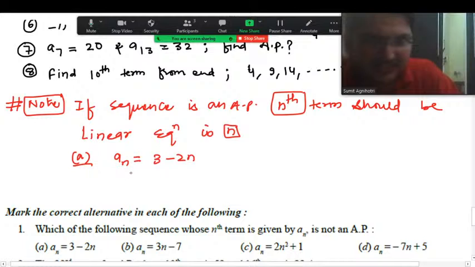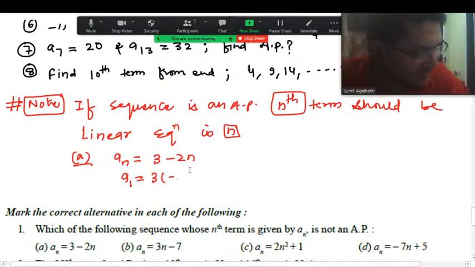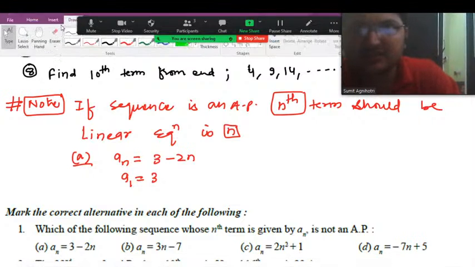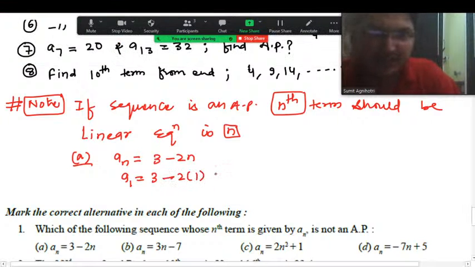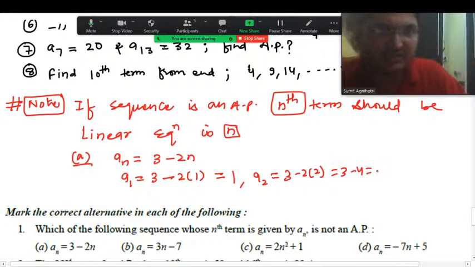For the first term, you put n as 1 and get 3 minus 2 into 1, that is 1. For the second term, 3 minus 2 times 2, that is 3 minus 4, that is minus 1.